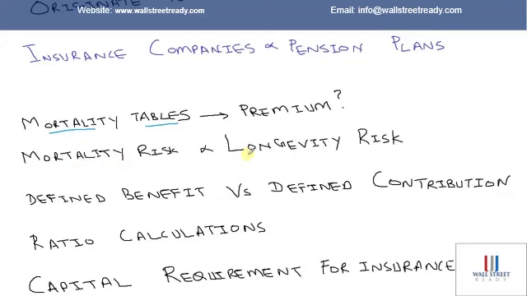So there are two types of risks for an insurance company. Then also when we talk about pension plans, you'll learn about defined benefit scheme and defined contribution scheme. And then also there are a couple of ratio calculations, loss ratio and various other ratios.